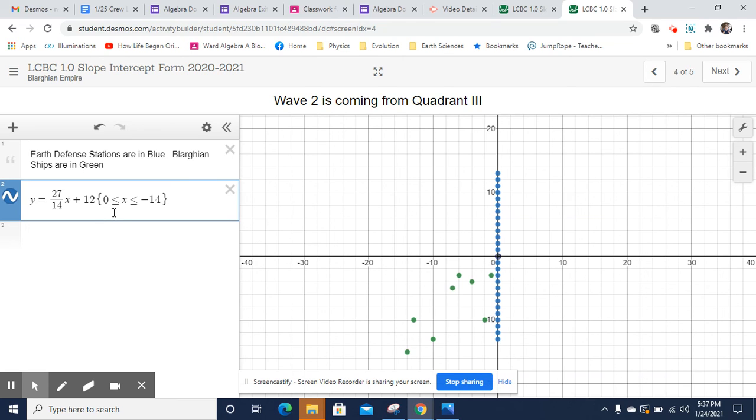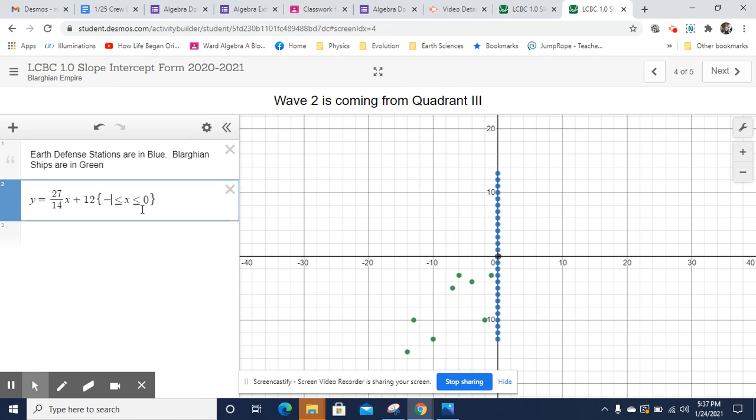This says 0 is less than negative 14, which is just not true. So your inequality is flowing the wrong way. So we're going to change that to a 0 and change that to a negative 14. And now it flows in the right way. So you've got to pay attention to what's the low end and what's the high end of your inequality. x will be in the middle if you're dealing with x, with the low end and the high end.